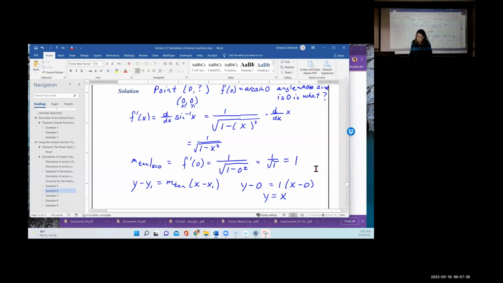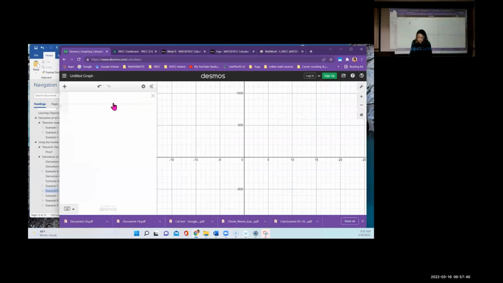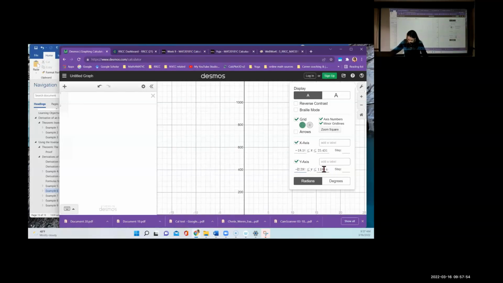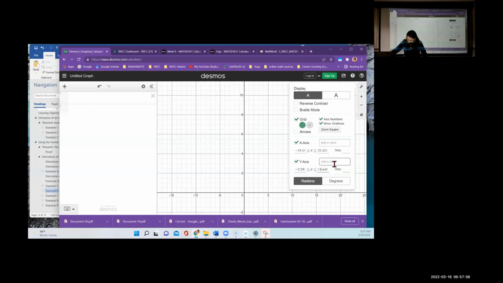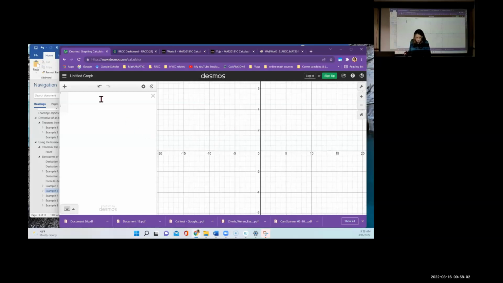Now, what does that mean? So if we look over here onto Desmos, and we're going to reset the graph. All right, so I've got the graph here. So let's do arcsine of x. I'm not sure if it takes arcsine or not, but I think it does.